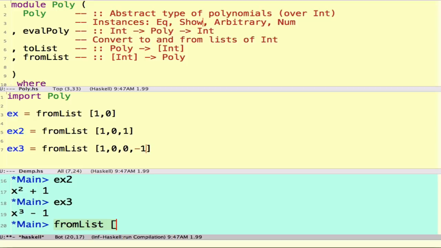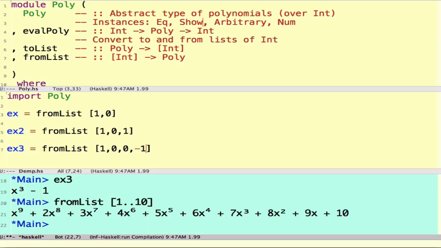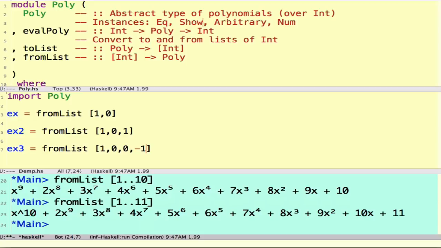Let's take a list of length 10, 1 up to 10. So they're all looking nice. If I make that 1 longer, then you see that that's what I'm looking for. Once we get beyond 9, we haven't got a nice way of printing them out. But this is just to print them on the screen to make them look nice. It doesn't have any other function. So we can see what we're manipulating.